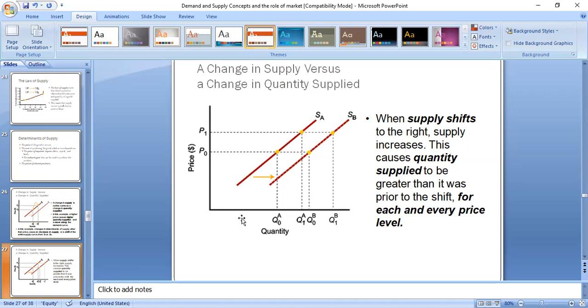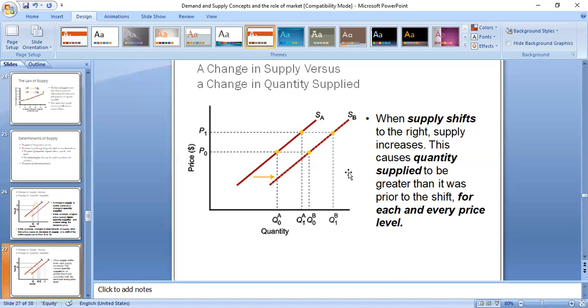This particular graph shows a change in supply, which is the shift of the supply curve, either to the left or to the right, due to the non-price factors that affect supply.